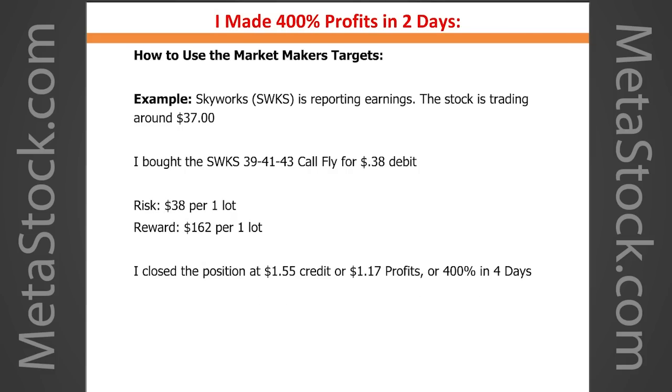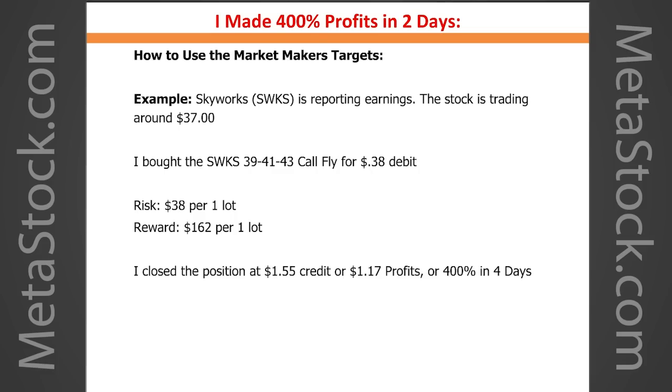So I made 400% profits in 2 days here. In SWKS, I bought the 39, 41, 43 call butterfly for a 38-cent debit. On this trade, I bought the 39s, I sold 2 of the 41s, and I bought the 43s for a 38-cent debit.